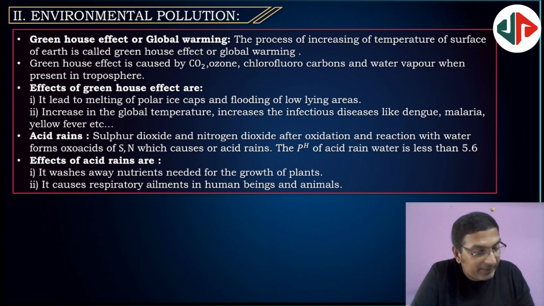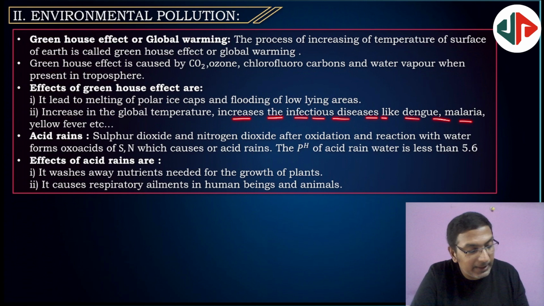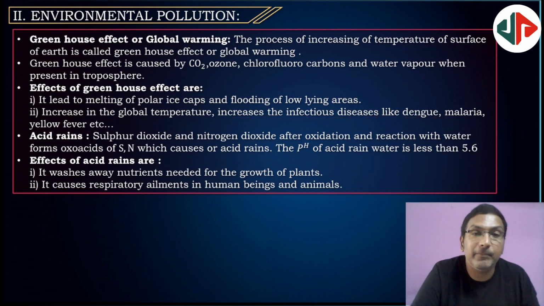Next, effects. It leads to melting of polar ice caps. Next, increase in global warming, that means due to increase of temperature of the Earth's surface. See here, it increases infectious diseases like dengue, malaria, yellow fever, etc.